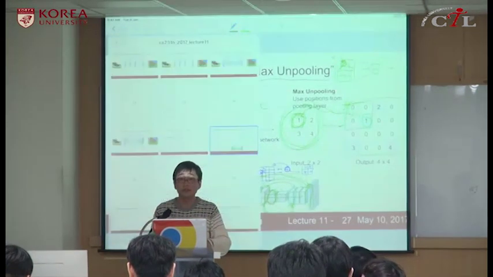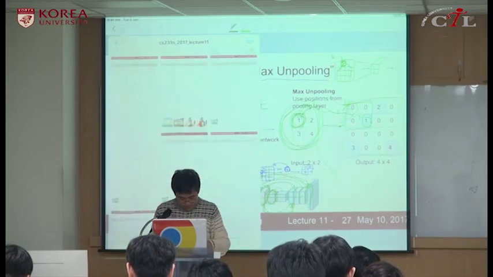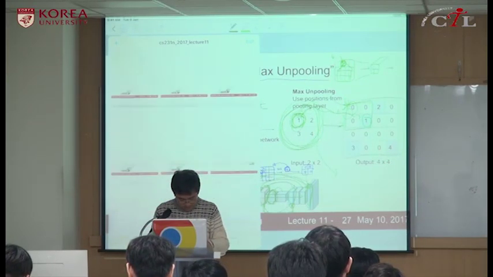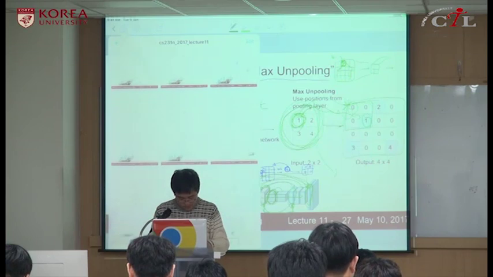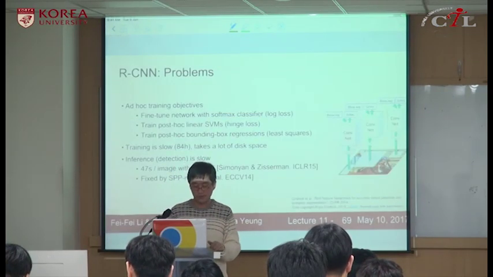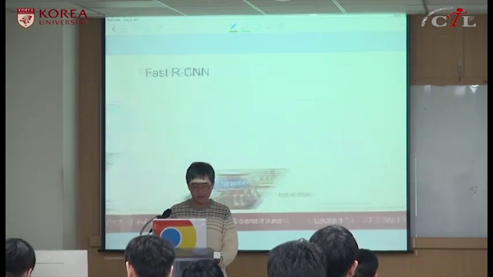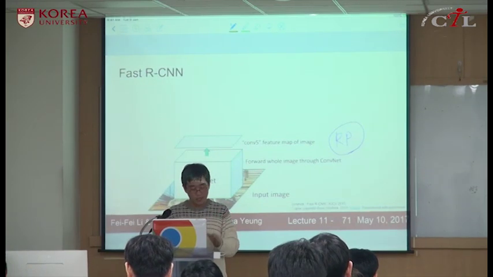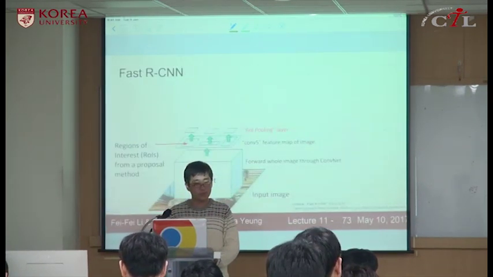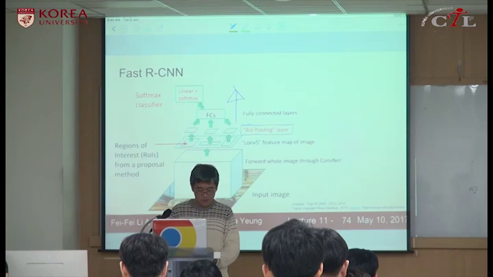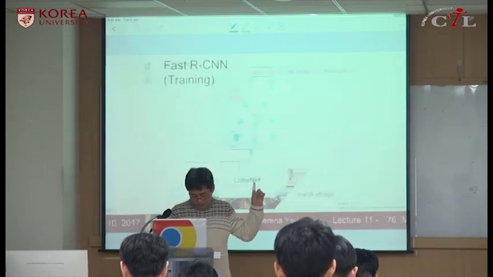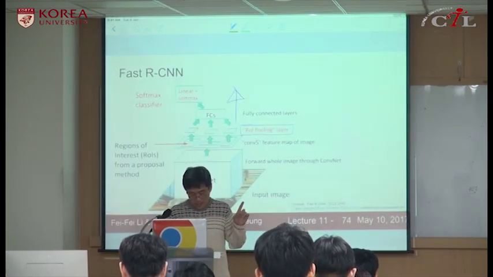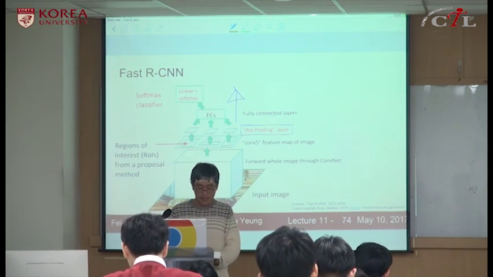Okay, so let me get back to our Fast and Faster R-CNN stuff. So you now get the idea of the difference between R-CNN and Fast R-CNN. And then what's the difference between Fast and Faster R-CNN? And also, let me point out one thing over here.